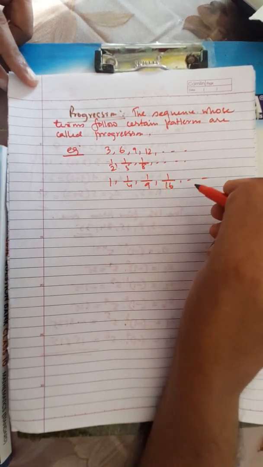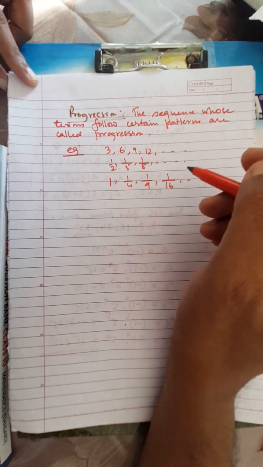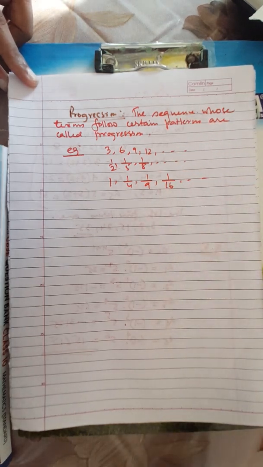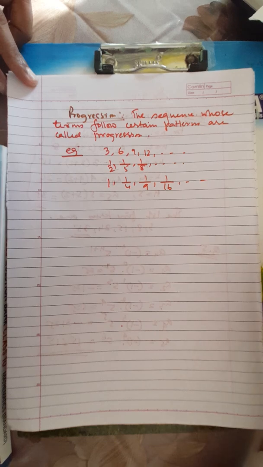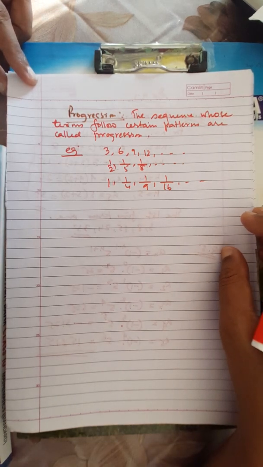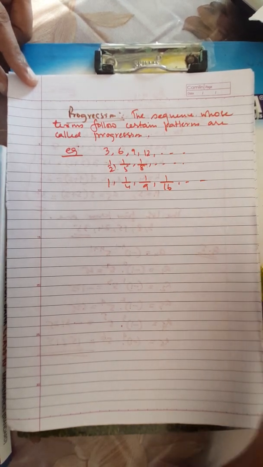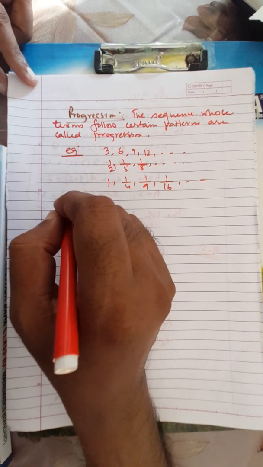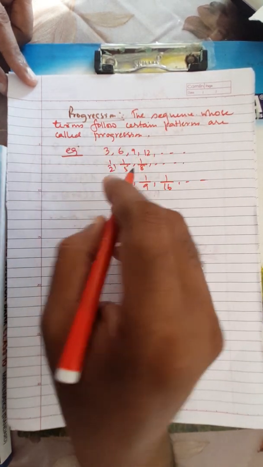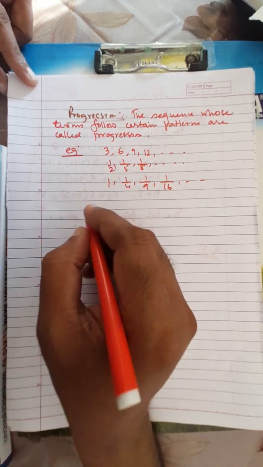These are following some patterns. This type of sequence is called progression. All progressions are sequences, but all sequences may not be progressions. The Fibonacci sequence is not a progression, it is a sequence, because the terms do not follow any certain rules.